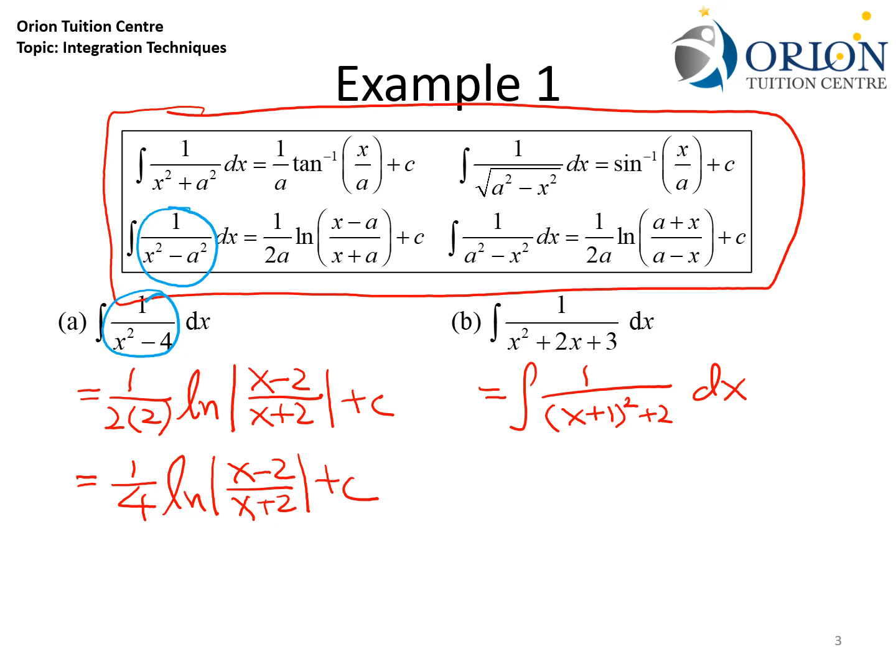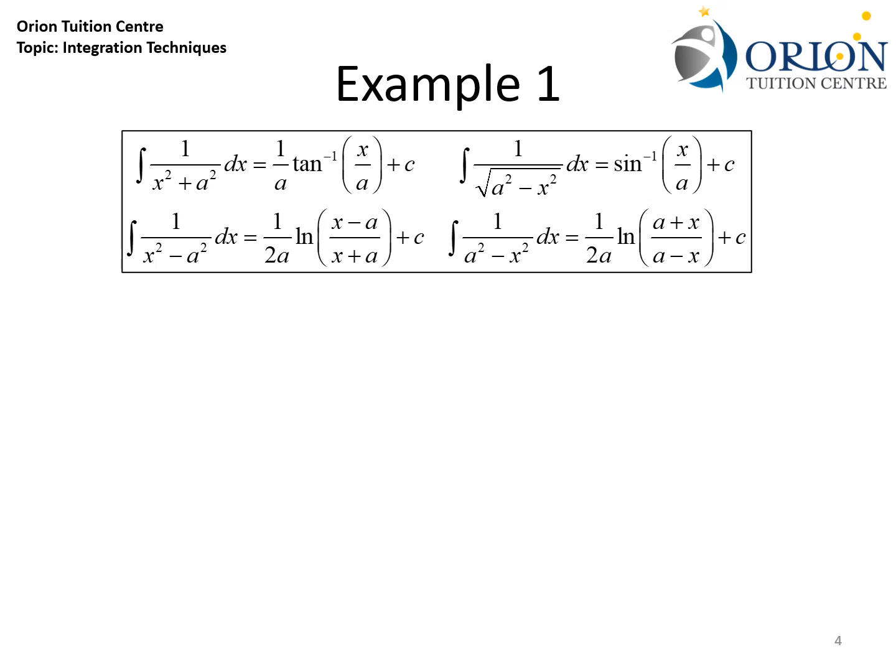And now we can compare this term with this formula over here and see that we can replace x with x plus 1 and a squared with 2. With this substitution, we will be able to solve the integral very easily to get 1 over square root 2 tangent inverse of x plus 1 over square root 2 plus c.